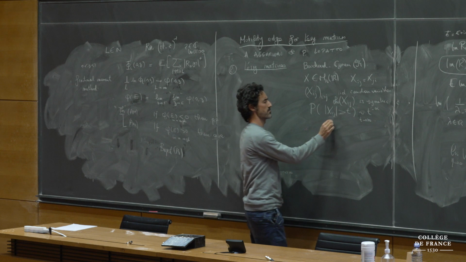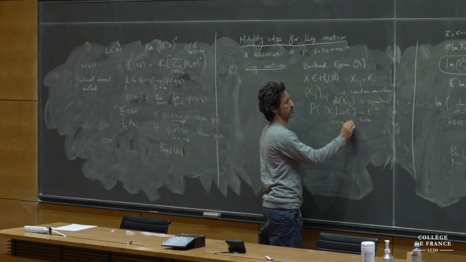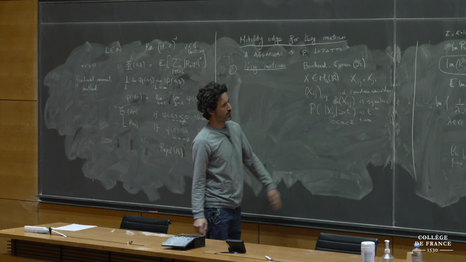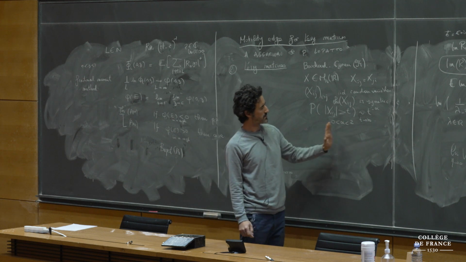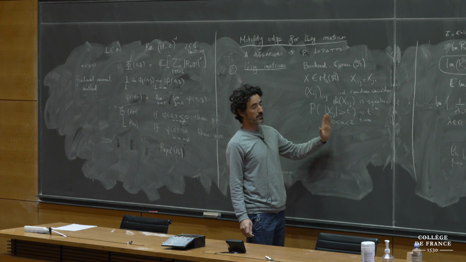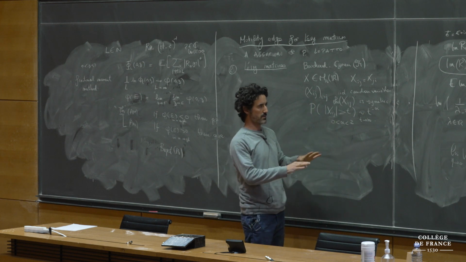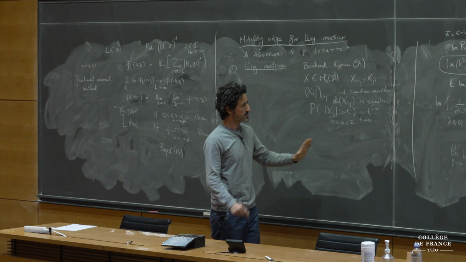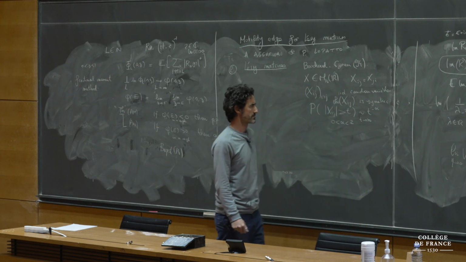Okay, and alpha is some parameter between 0 and 2, which plays the role of the disorder. The larger alpha is, the less wild the random variables are, and the more homogeneous, in some sense, the matrix is.